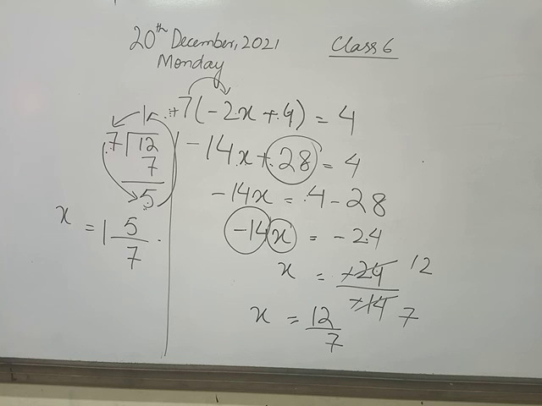After shifting, we apply the rule of division, because, as you know, class, the inverse of multiplication is division by 14. After cancelling both of them, we have x equals 12 by 7.